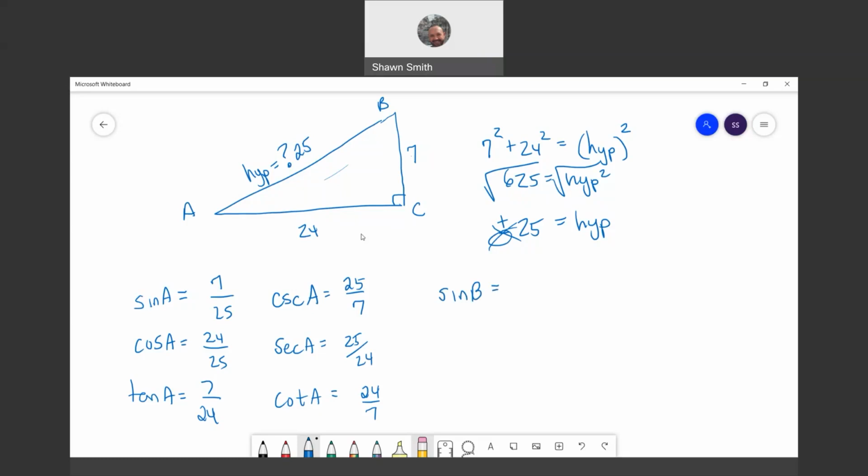So now they're trying to change names in a sense. It's all relative to what angle you're looking for. So sine of B, opposite 24 over hypotenuse 25. All right, y'all probably could do the rest, right? Go ahead.